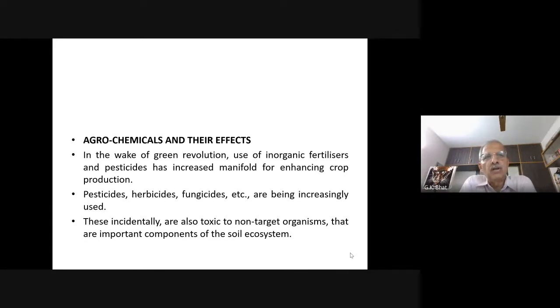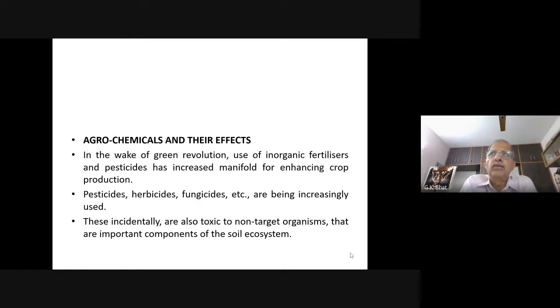Every farmer is bent upon getting as much yield as possible, does not matter how much inorganic fertilizer he is putting into the soil.